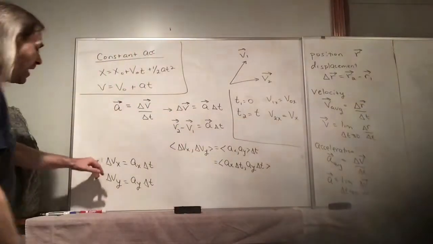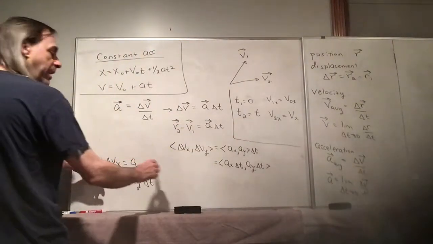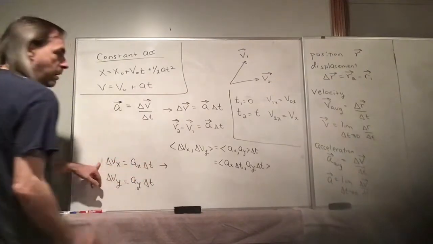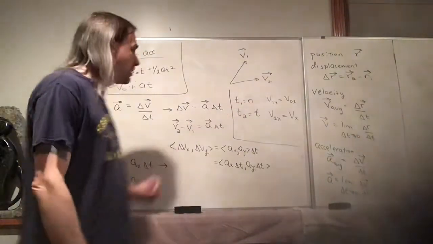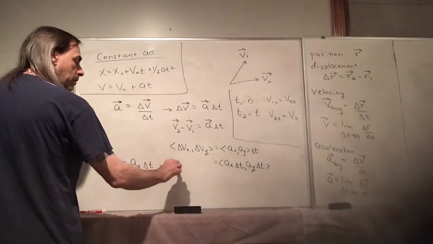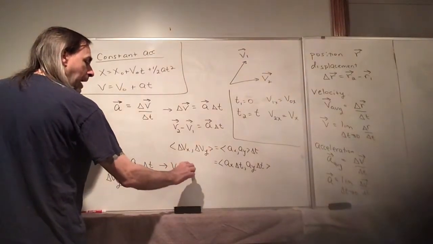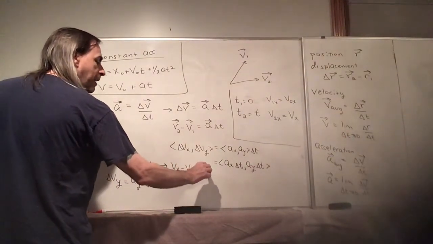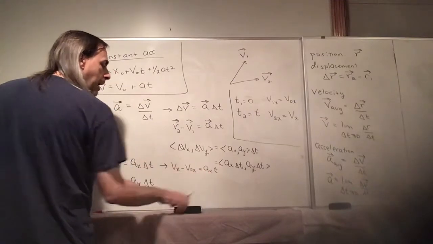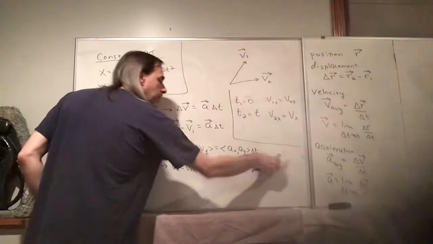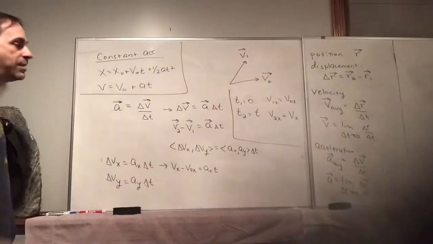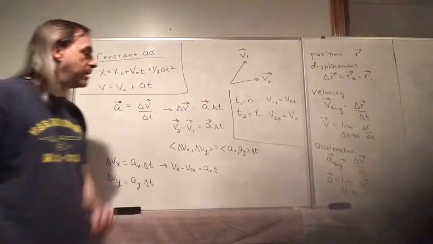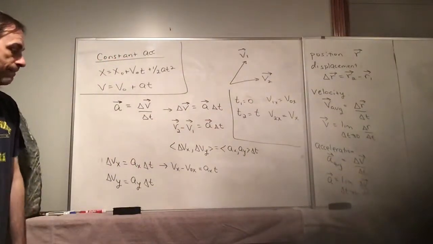Okay, so if we do that, let's just look at this one. Delta Vx would be v2x minus v1x, so that would be Vx minus v not x, and that equals Ax times delta t, but delta t is t minus 0, so just t.